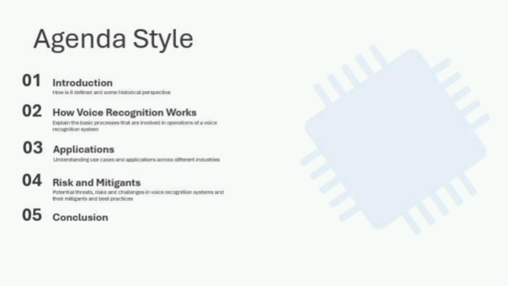Then we'll discuss some applications and try to understand some use cases across different industries. And after that, we will talk about risks and mitigants, some potential threats, risks, and challenges that are faced in voice recognition systems, and their mitigants and best practices. And at the end, we will conclude this topic.